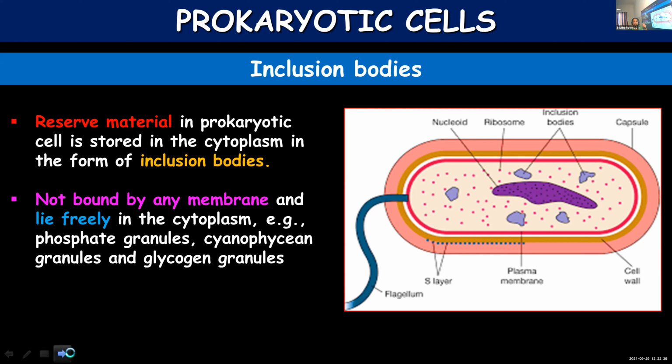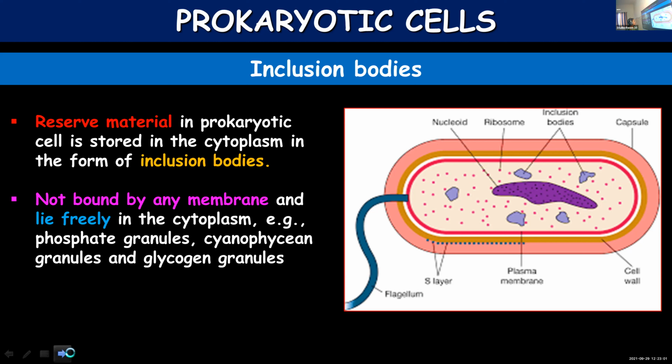Membrane-bound organelles are absent in prokaryotic cells. And the structures present in their body include ribosomes, inclusion bodies, etc. Ribosomes we already discussed. Inclusion bodies are also not membrane-bound structures. They are a reserve form of material, and these inclusion bodies can be of different nature.